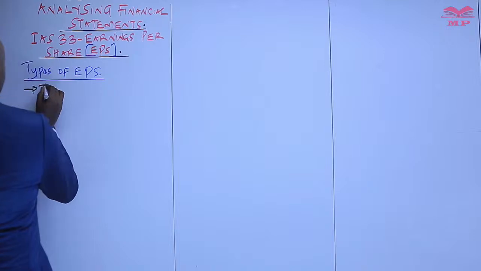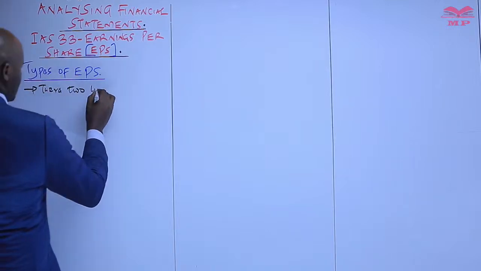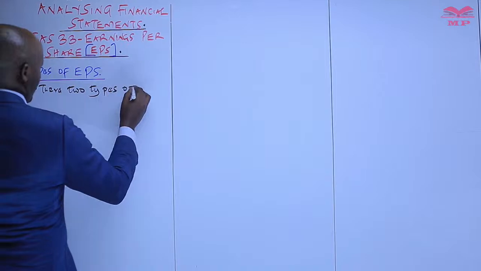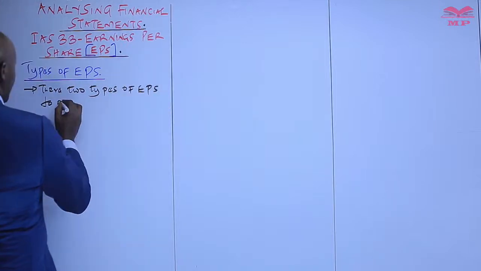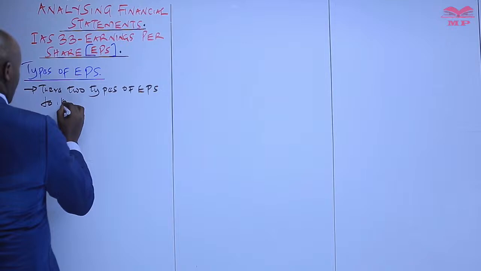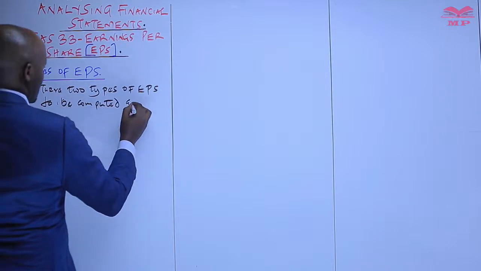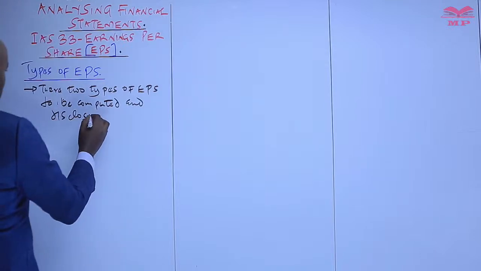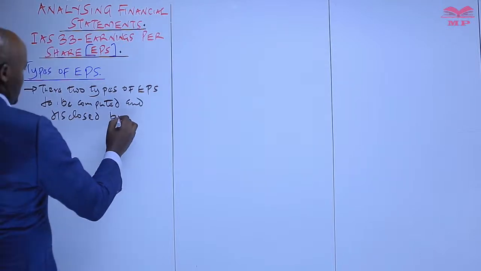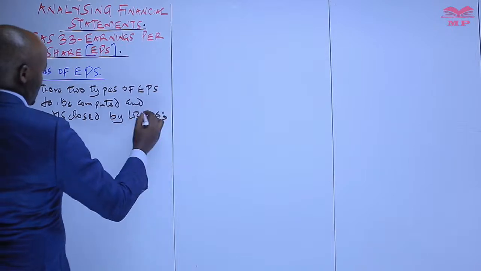So we can say that there are two types of EPS to be computed and disclosed by listed companies. Which are they?